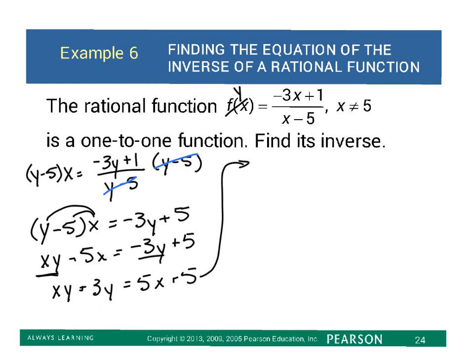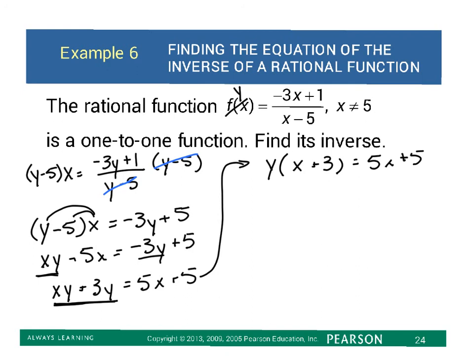Now this is why we gathered the two terms that have y's on one side. We can factor out a y. So we factor out a y, we're left with x plus 3, and that equals still our 5x plus 5.